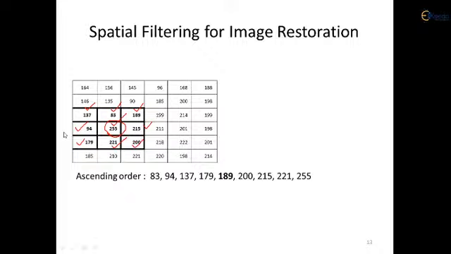Out of the 9 pixel intensities, the first is 83, next 94, then 137, 179, 189, 200, 215, then 221, 255. What you need to do is strike out each entry from the left hand side and right hand side. Go on.